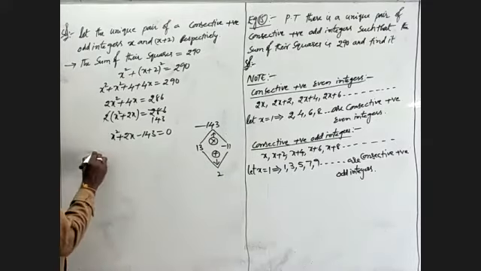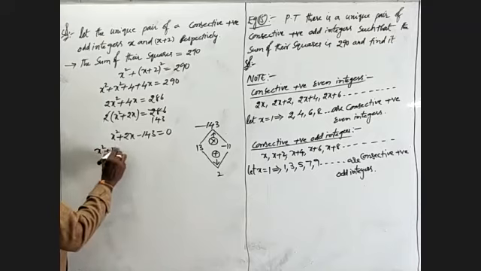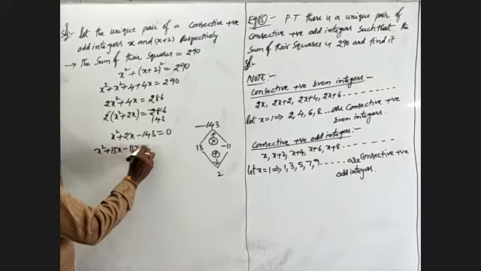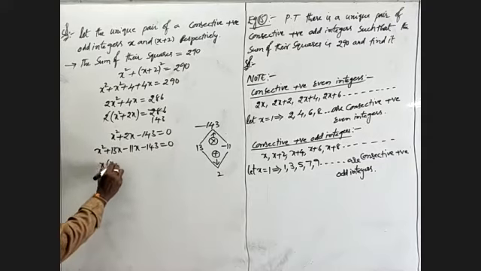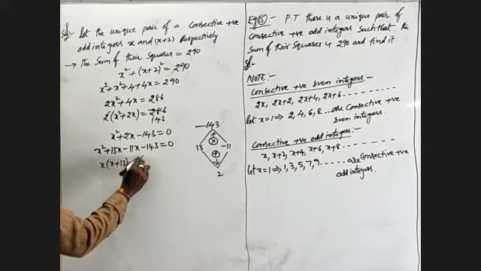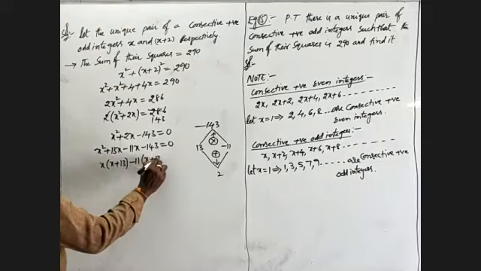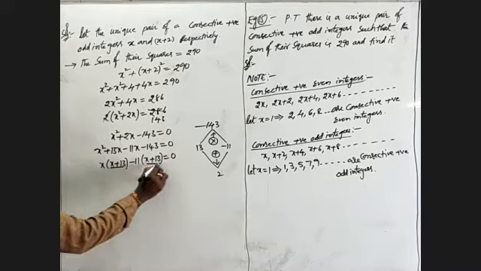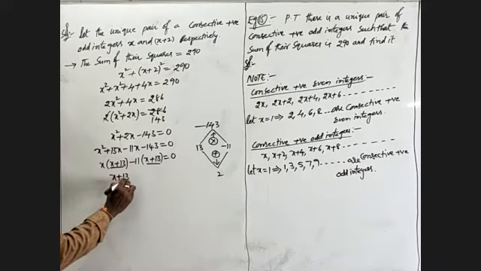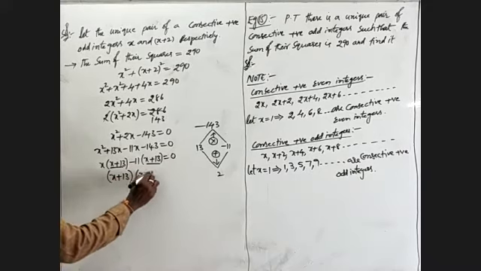Here I will write x square plus 13x minus 11x minus 143 is equal to 0. I take x common, remaining x plus 13. Again I take 11 common, remaining x plus 13 is equal to 0. Here the common term is x plus 13, so x plus 13 into x minus 11 is equal to 0.